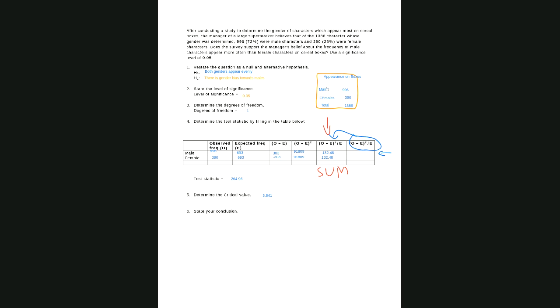So if I had another column over here with another two sets of data, my degrees of freedom would be n-1 times n-1. Except this would be for columns and this would be for rows.